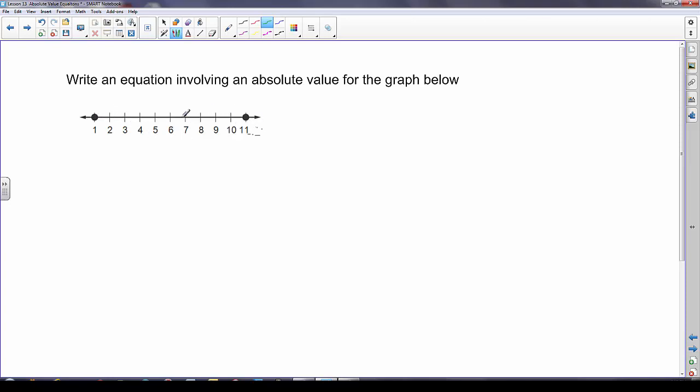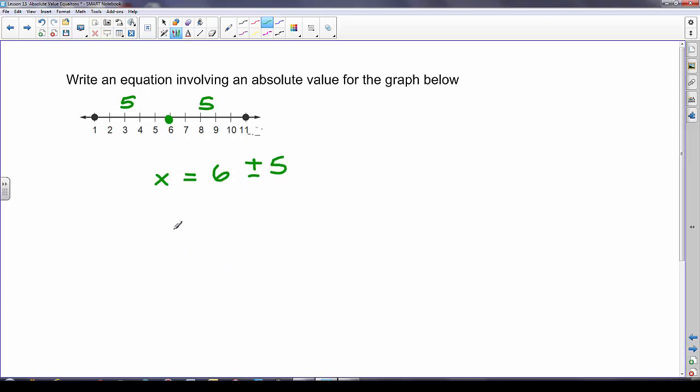So if I look at the number 6, I notice that there's 1, 2, 3, 4, 5 to the right of 6 and 5 to the left of 6. So again, if I'm 5 to the right and left from that 6, those are going to get my two solutions, one being 1 and one being 11.